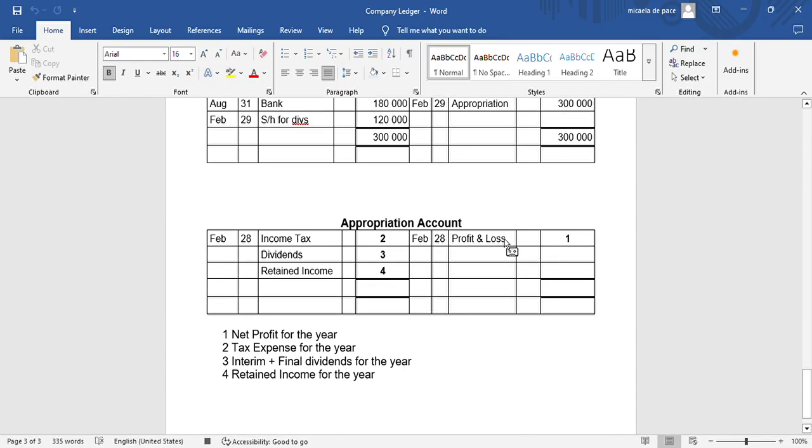this account starts off with your net profit. That net profit would have obviously been calculated in your profit and loss account. Now the net profit gets used for two things. It gets used for tax and dividends. It's very important that you know which amounts to record here. The income tax amount is the tax expense for the year, or as I say, the tax that you should have paid.